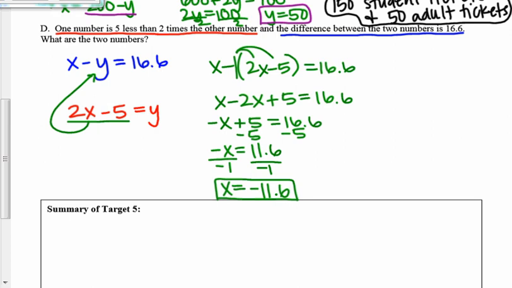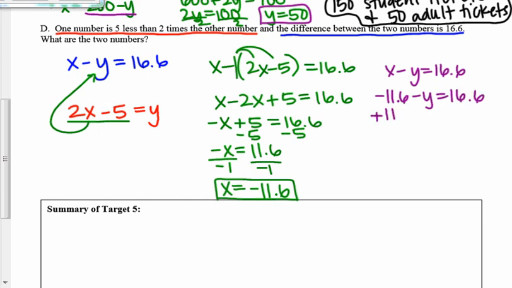All right, so now to get the other number, I'm just going to substitute that back into that first equation. That very simple one, x minus y equals 16.6. Well, I know that x is negative 11.6, so negative 11.6 minus y equals 16.6.